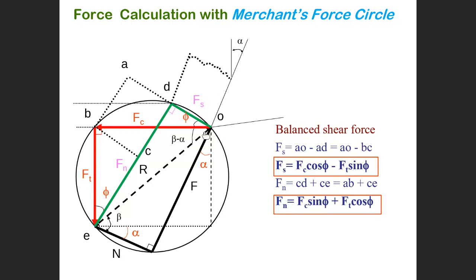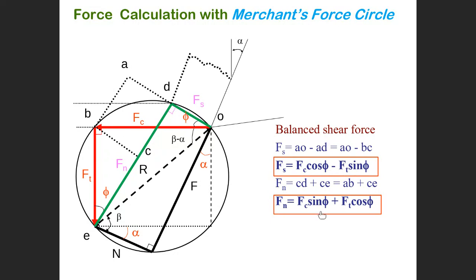And also, this is Fn, this green line, equal to DC plus CE. CE from here to here in this triangle equals Ft cosine phi, and DC equals AB in this triangle, equal to Fc sine phi.